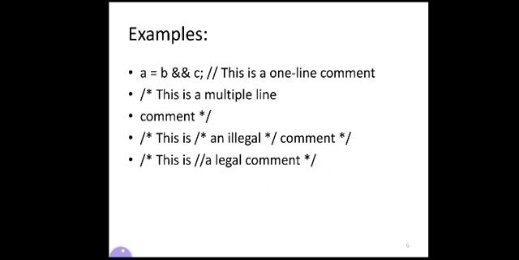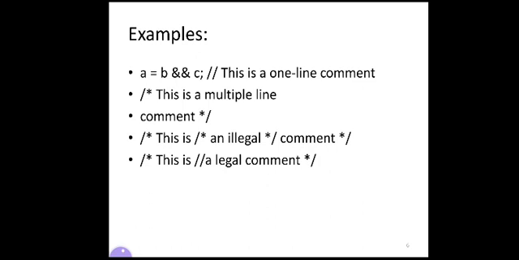Next, as we have told, multiple line comments cannot be nested. Example is here. This is an illegal comment. That means a comment is already started, so within that, another multiple line comment cannot be started.